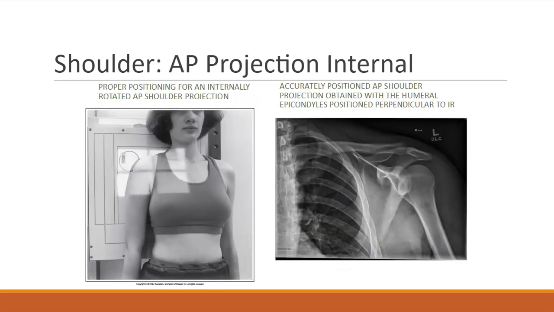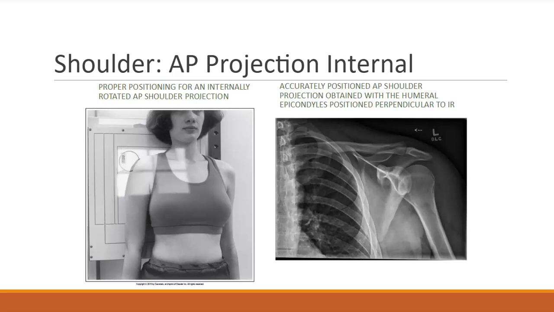Lastly, for the AP shoulder internal rotation projection, the lesser tubercle is seen in profile medially and the humeral head is superimposed by the greater tubercle.